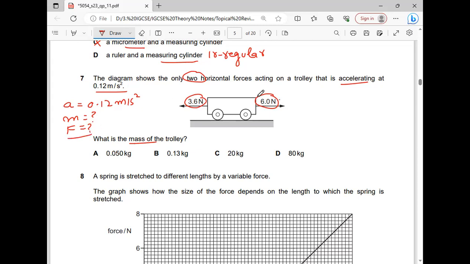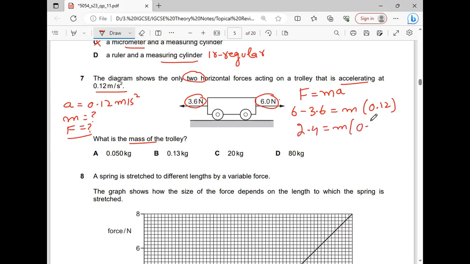Since these two forces are acting in opposite direction, Newton's second law of motion can be represented by this equation. Now these two forces are acting in opposite direction, and we know that their resultant can be found by subtracting them. We have to determine the mass. Acceleration was 0.12. Now we will subtract them. 6 minus 3.6 is equals to 2.4.